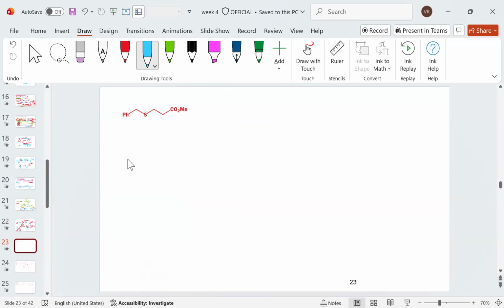Okay, there is another example, which is very similar. I think we have already seen a similar example, and the remaining part was the positive charge.